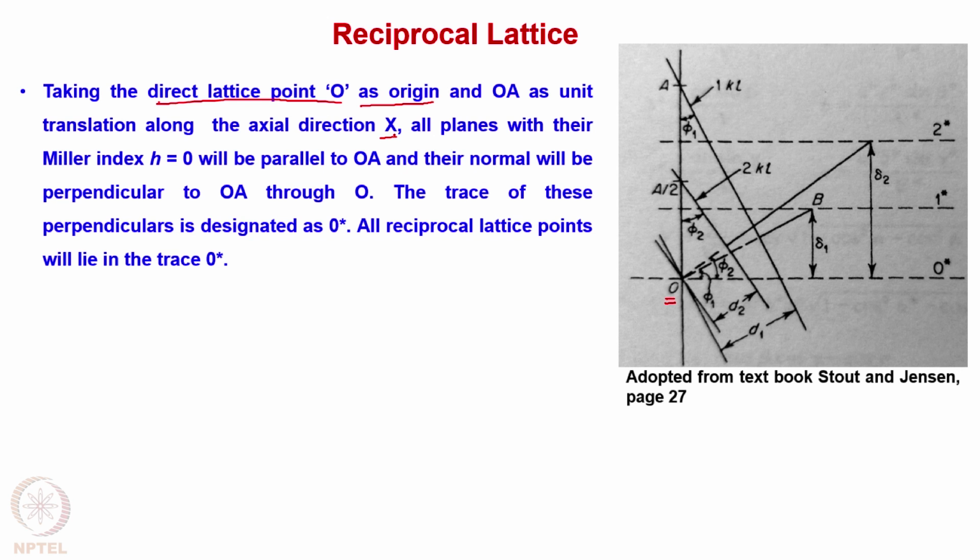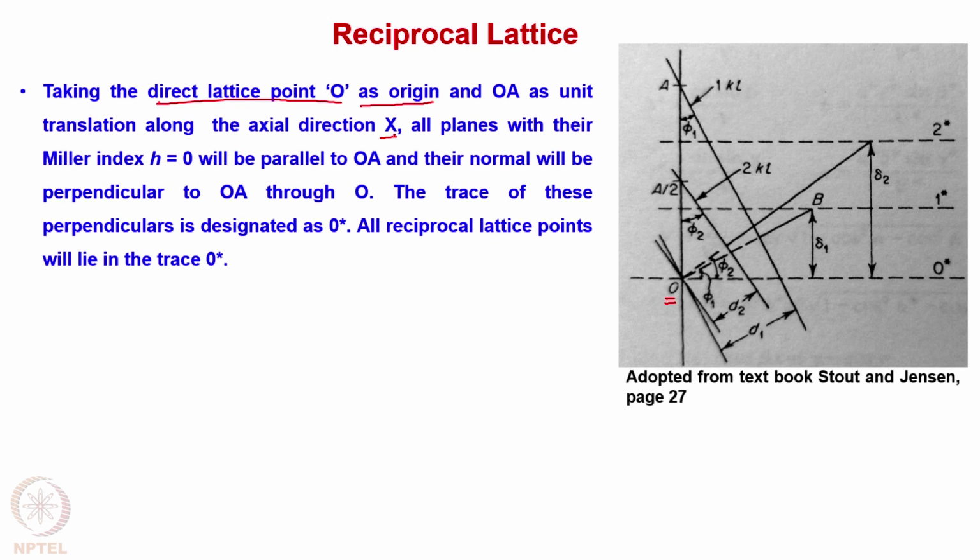That means if you have one axis pointing from me towards you, then any plane which is parallel to this axis, be it here, or like this, or like that, in any direction, any direct lattice plane parallel to this axis will have its H index 0, because these planes do not meet the axis x.